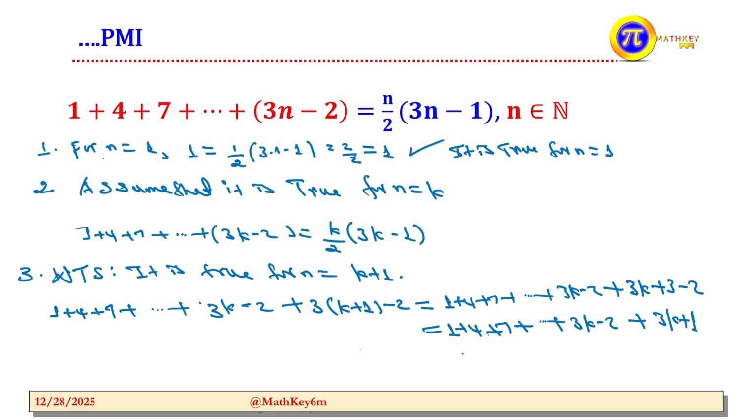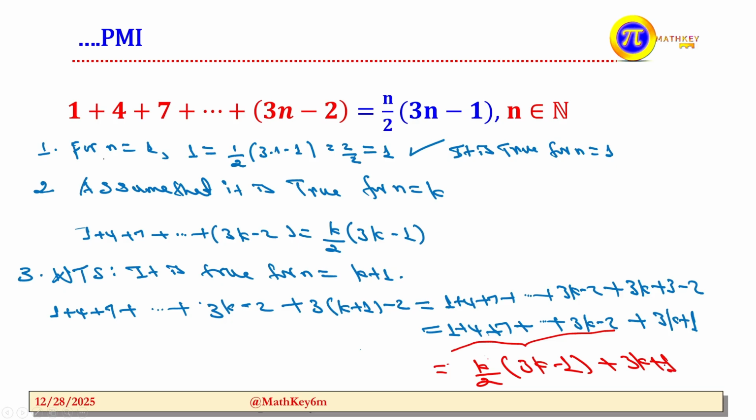From 1 to 3k minus 2, the sum is k over 2 times 3k minus 1. So it equals k over 2 times 3k minus 1 plus 3k plus 1.